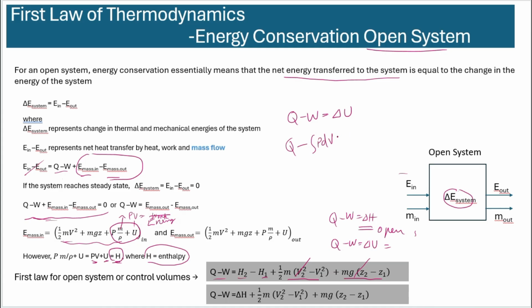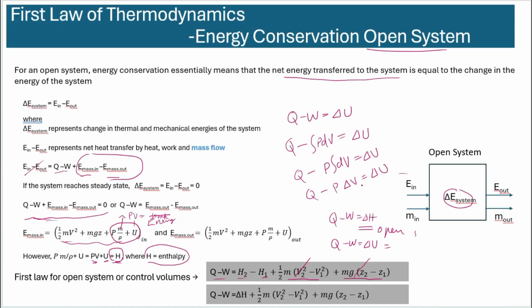If there is no other work, it's all due to PdV work, you can replace it like that. Now, if it's a constant pressure system, in that case, Q minus integral P dV is delta U, or you could say Q minus P delta V is delta U.